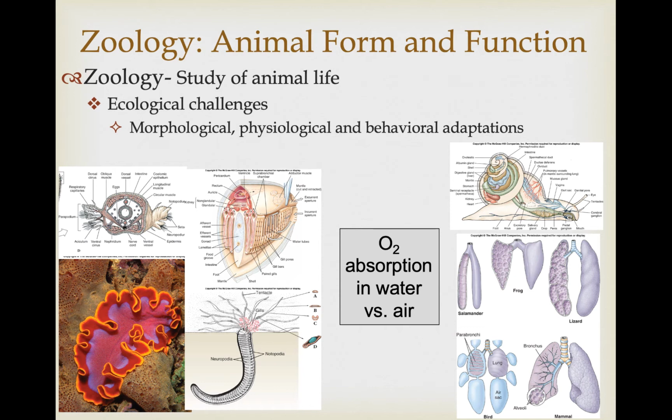So, for example, one of the things that all animals have to do if they're going to break down their food and use aerobic metabolism is they have to take up oxygen, because oxygen is a critical part of that pathway. And there are various challenges that aquatic organisms versus terrestrial organisms have in absorbing oxygen.